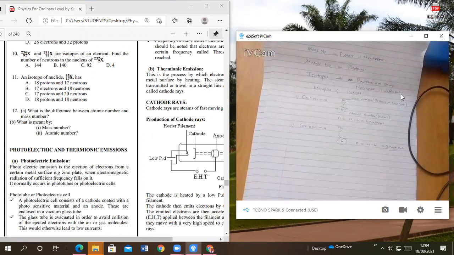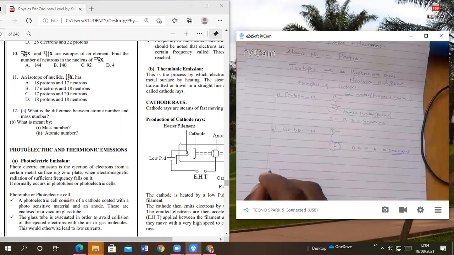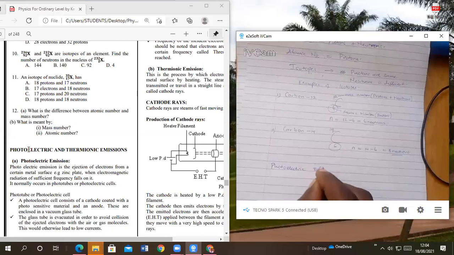Okay, so I wanted to give you the difference between these two terminologies. Photoelectric effect, sometimes it's called photoelectric. You should know that.